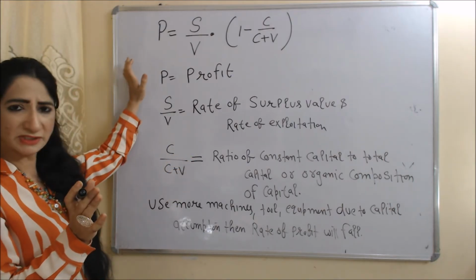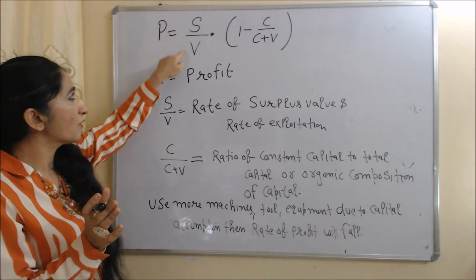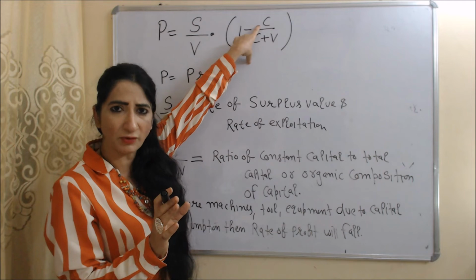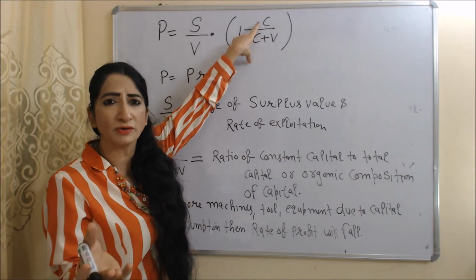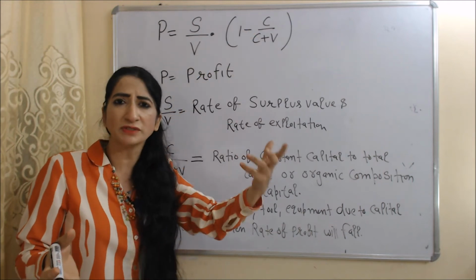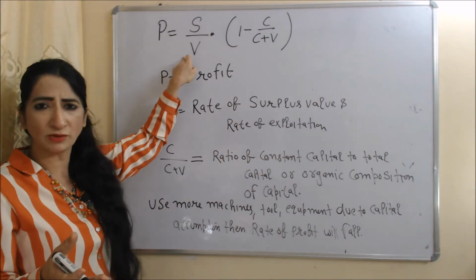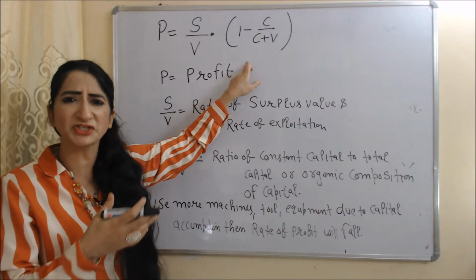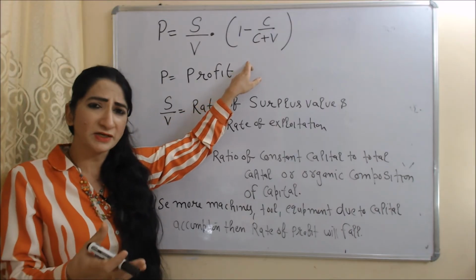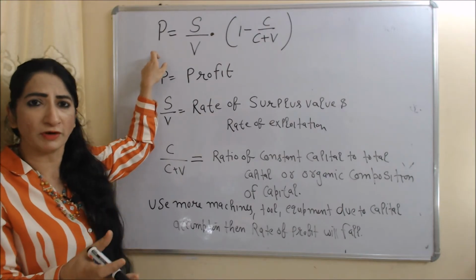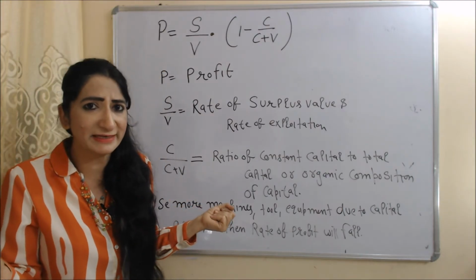So, according to this equation, if S over V is constant, and you are only increasing the ratio of constant capital, which is machinery, tools, equipment, due to capital accumulation, then your rate of profit will fall. Obviously, your cost will increase.